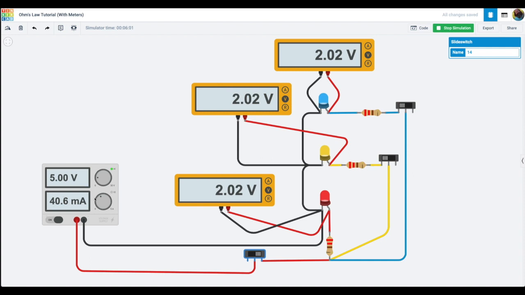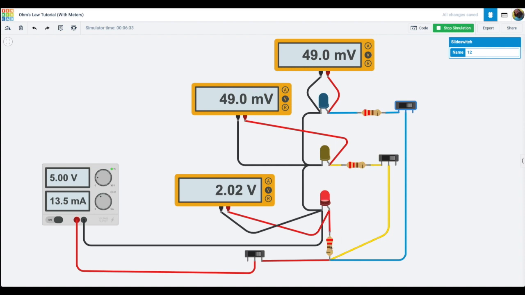And this 40 milliamps is for all 3 of them, so you take this 40 milliamps and divide it by 3 for each one. If I turn this one off and this one off, you'd see it's only drawing 13 milliamps across this one LED. So that's another way, but I find it easier to use just 1 resistor for the circuit, instead of having 1 resistor for each LED.